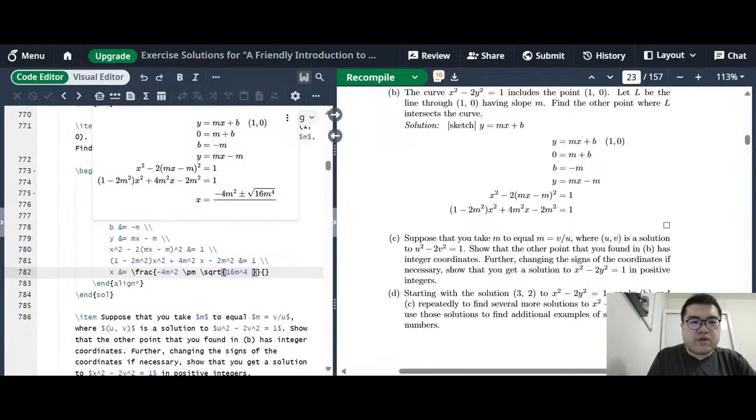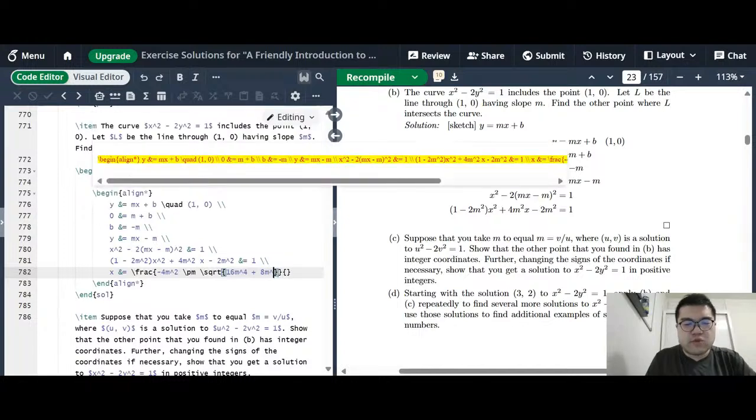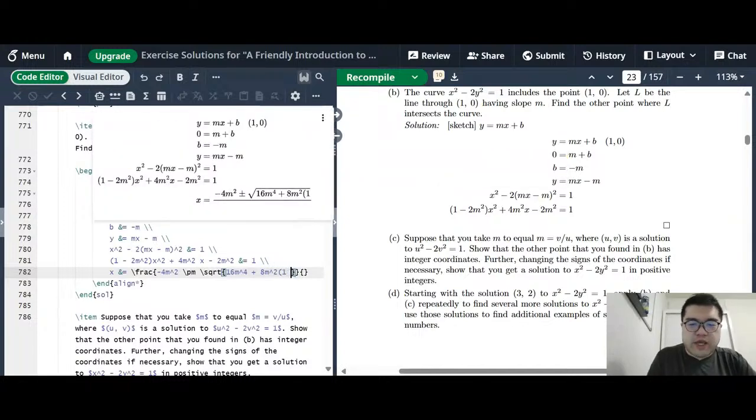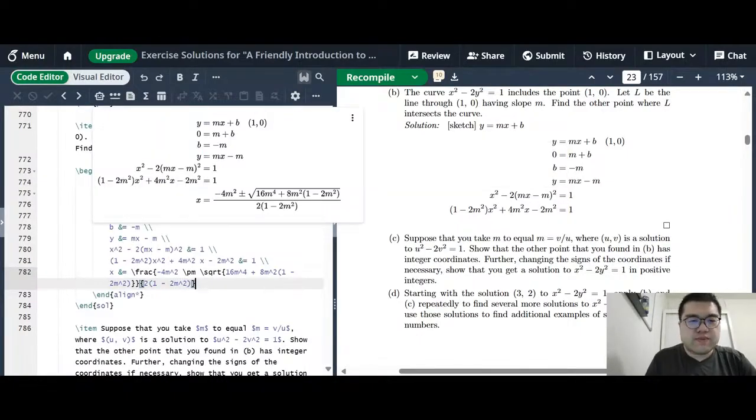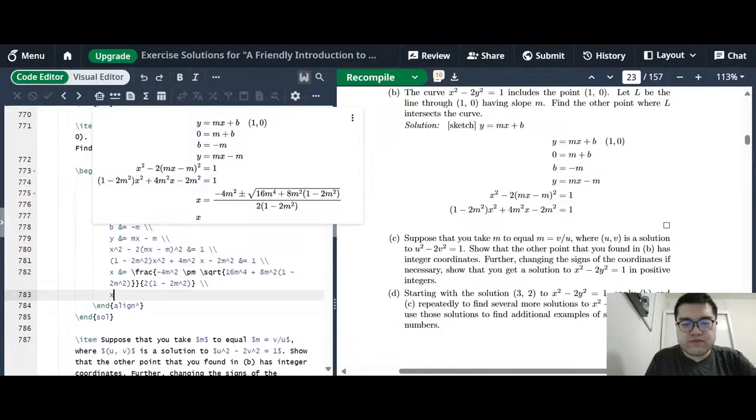Then we subtract 4ac. We see a negative, so it turns into a plus, and then 4 times 2 gives us 8m squared, times the a value, which is this. Of course we still have 2a in the denominator, so we get a gigantic fraction like the following.